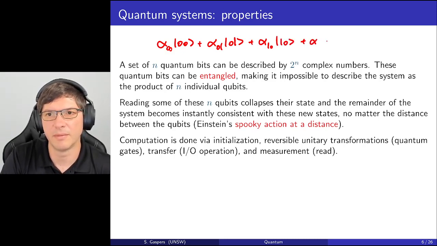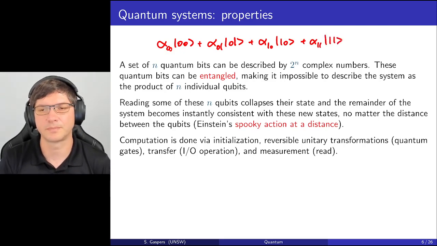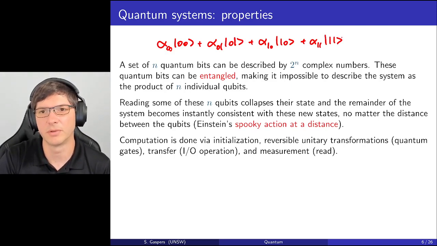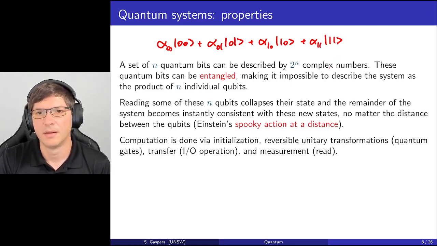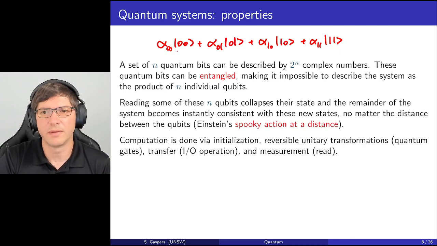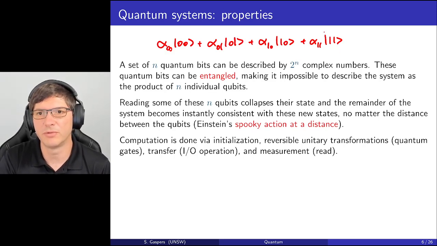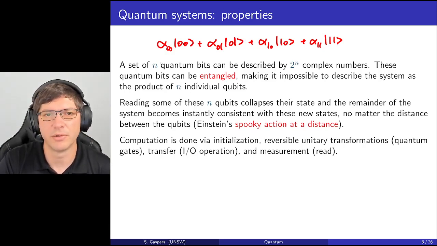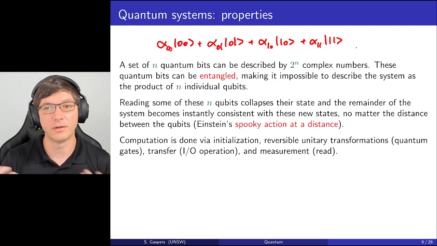And finally, some amplitude associated with the state 1, 1. And we also have the sum of the squares is equal to 1. So you can see that with 2 qubits, we have 4 amplitudes. And in general, with n quantum bits, we have 2 to the power n amplitudes that are associated with the state of the whole system.